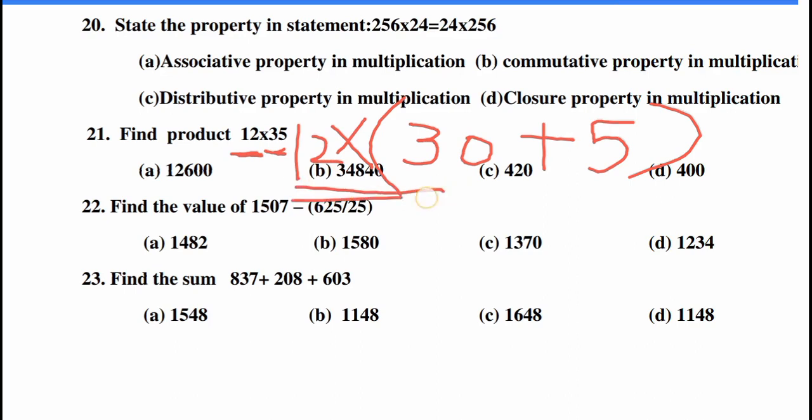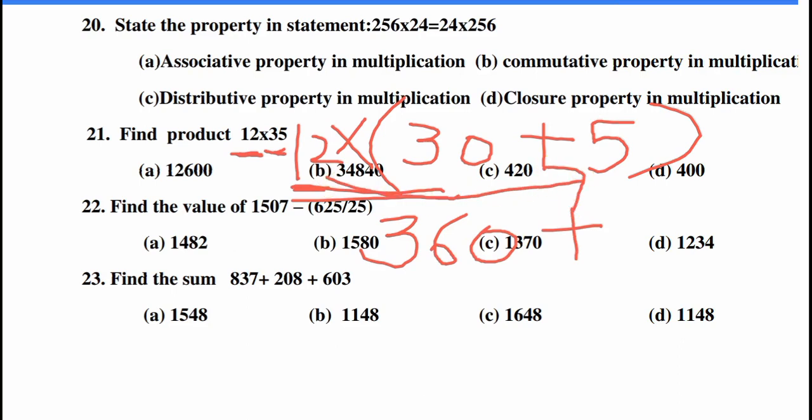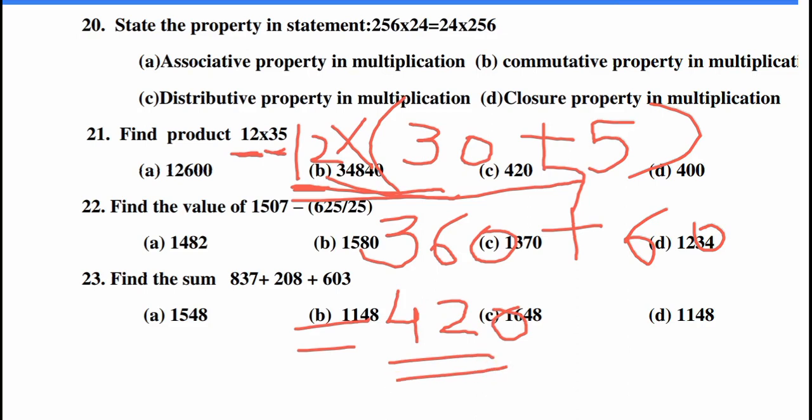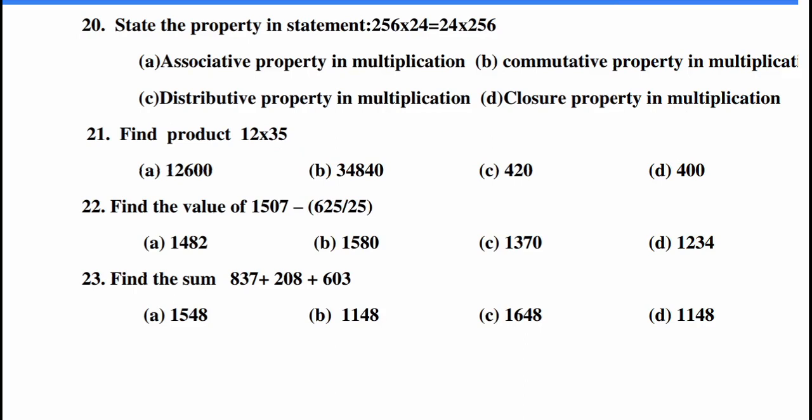First I have to do multiplication of 12 with 30. 12 3s are 36, so it is 360 plus. Now we multiply this 12 with 5. 12 5s are 60. And now we add this and we get answer 420. And answer is option C, 420.